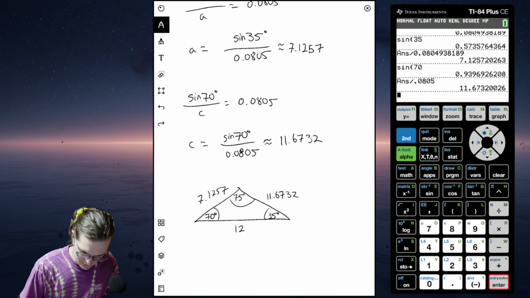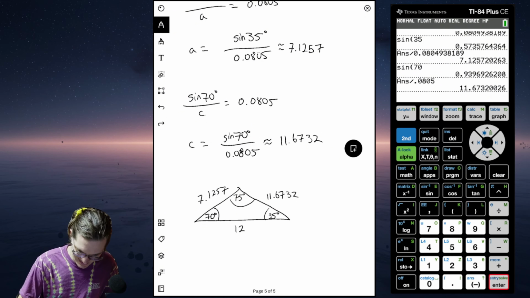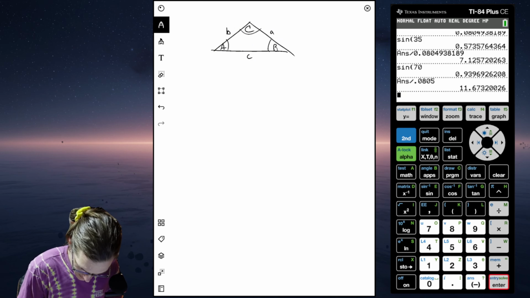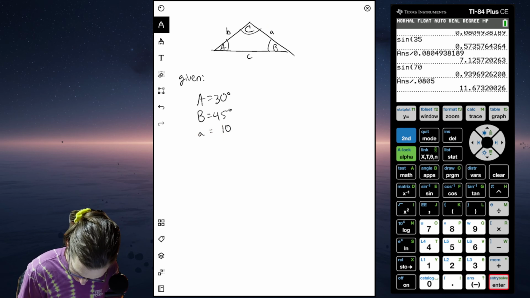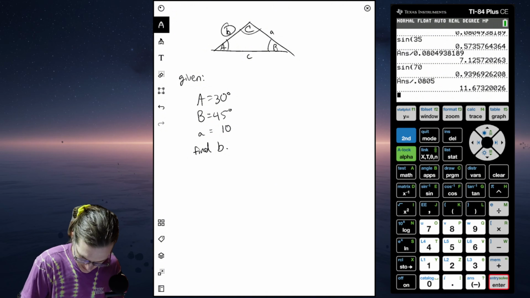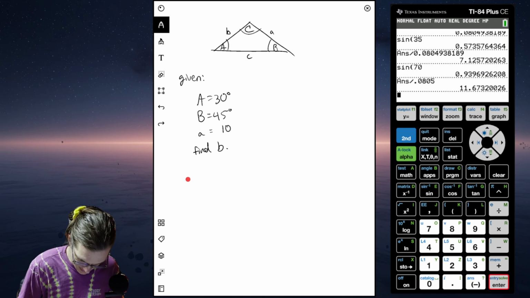So let's do another example of how to use law of sines. So now let's say we have this triangle where this is what's given. A is 30 degrees, B is 45 degrees, side A is 10, and the problem wants you to find side B. Well, then we'll set up the law of sines.